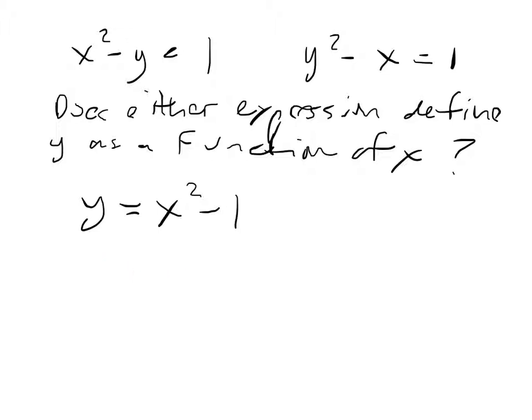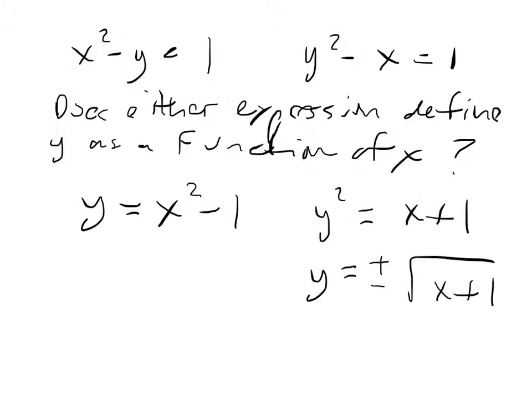How about the second one? When we solve for y, we get y squared equals x plus 1. And when I take the square root of both sides of an equation, I must make sure that I include plus or minus. So y equals plus or minus the square root of x plus 1. The question is now, if I put an input in, do I get two different outputs at times? And the answer is yes.